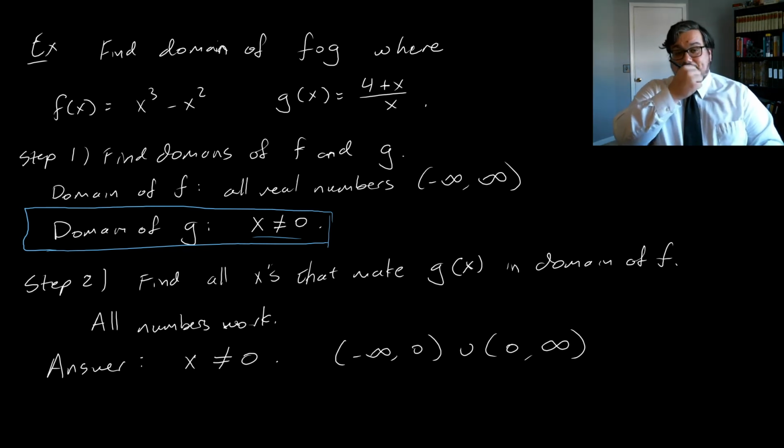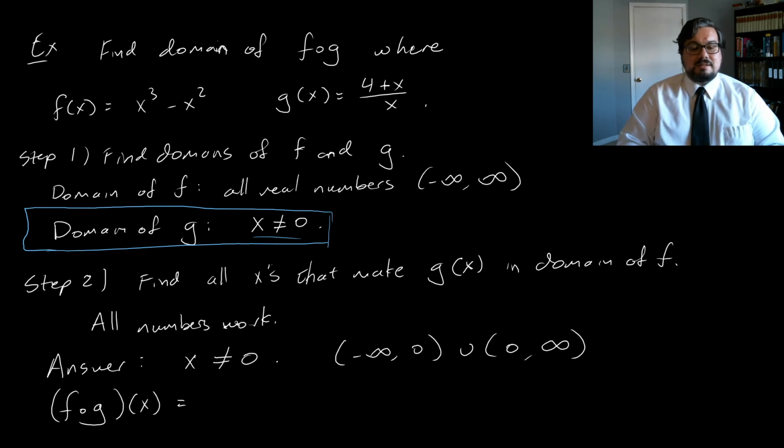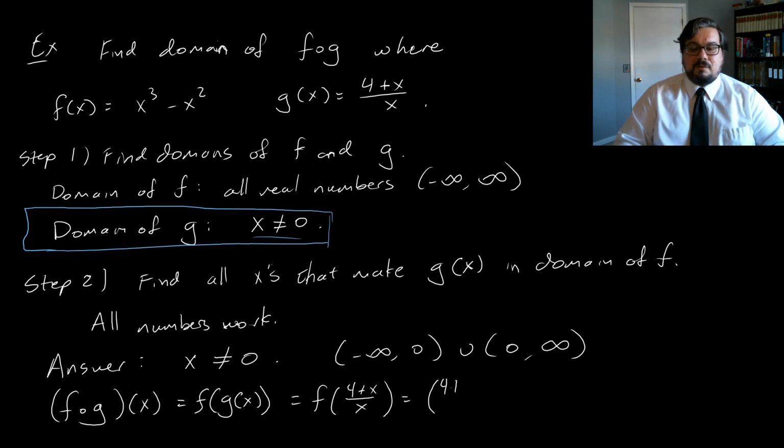Now, as I said, for practice, let's go ahead and work out what f of g of x is. This is going to be f of g of x, which will give us f of (4 plus x)/x, which is ((4 plus x)/x) cubed minus ((4 plus x)/x) squared.